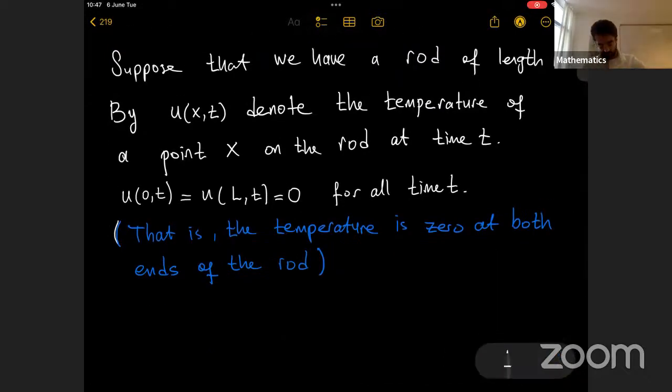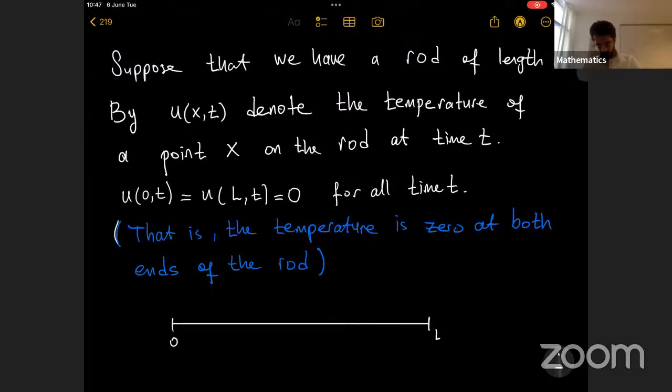So let's say this is our rod like this, okay? Here is the 0 point, this is the point L here. This has length L, and at this point the temperature u(0,t) is always 0 for all t, and at this point u(L,t) is 0.